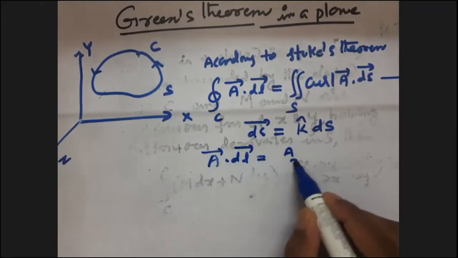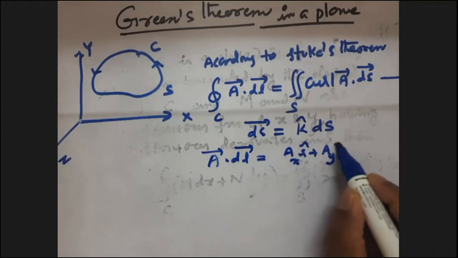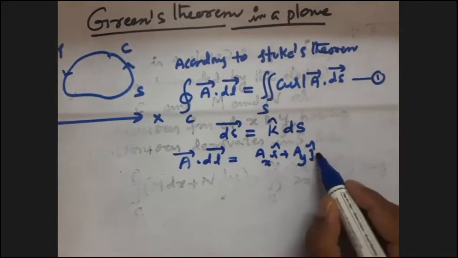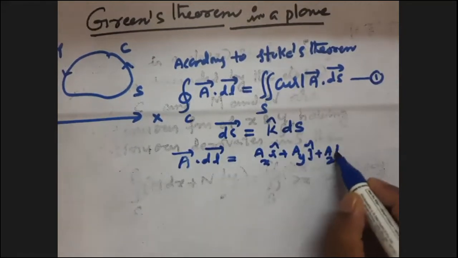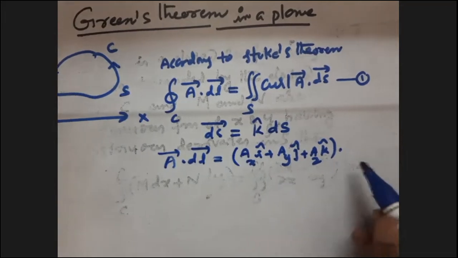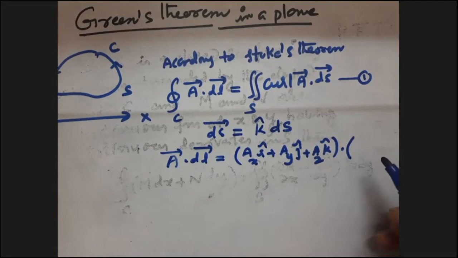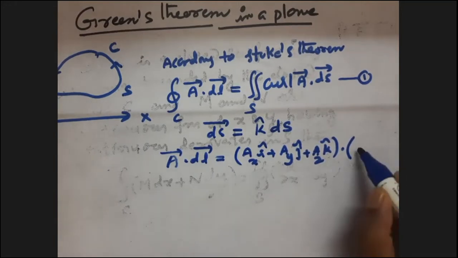So A bar, the vector field, is A_x i cap plus A_y j cap plus A_z k cap. Dot dl bar. Since we considered the area in the xy plane only, we will have only the x component and y component.